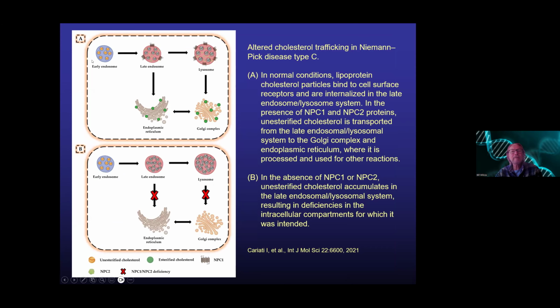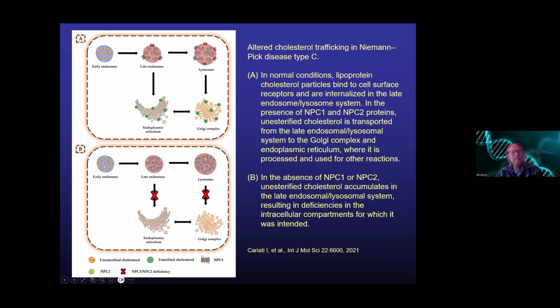The problem in Niemann-Pick C is trafficking cholesterol inside the cell. Normally, unesterified cholesterol comes in from the outside of the cell through the endosomes and goes to the endoplasmic reticulum, or through the lysosome to the Golgi, and that unesterified cholesterol then gets esterified in these compartments and can be used for synthesis of things, including your membranes.